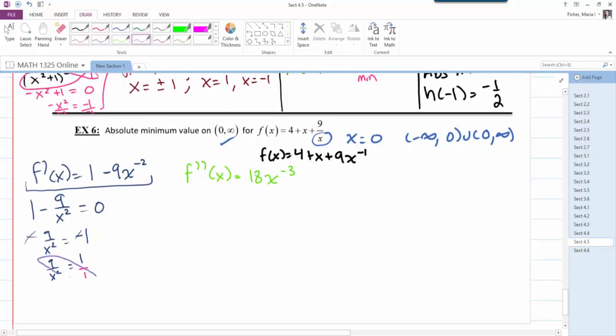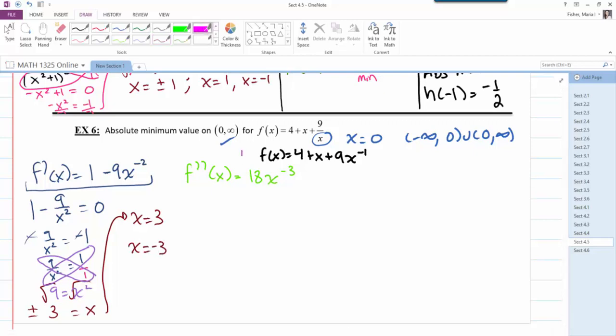So if I multiply here, 9 times 1 is 9. And 1 times x squared is x squared. If I take the square root of both sides to solve this, I end up with plus or minus 3 is equal to x. Well, that's two critical numbers again, right? We have x is equal to 3, and we have x is equal to negative 3. But recall, our interval is only from 0 to infinity, so we can't use this critical number because it's not in our interval.